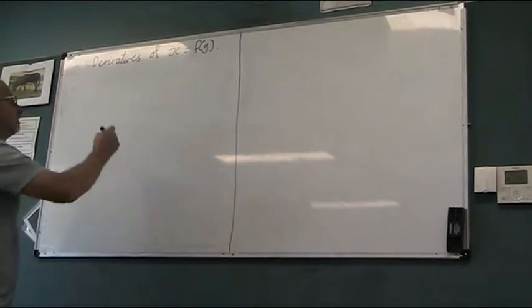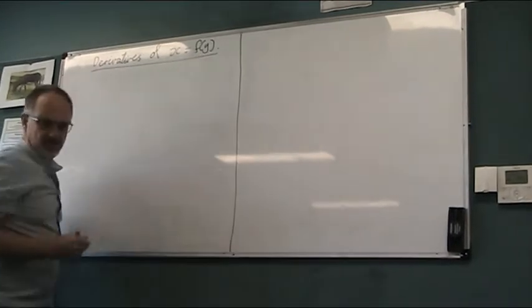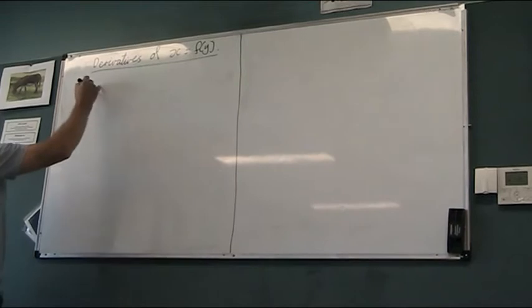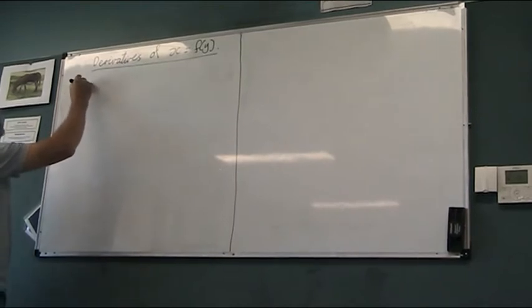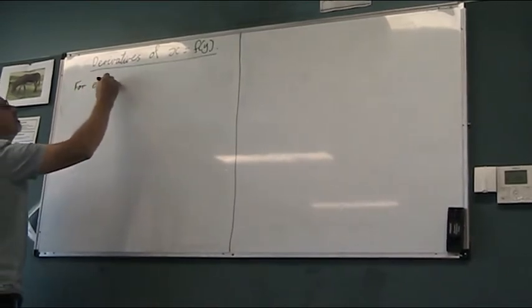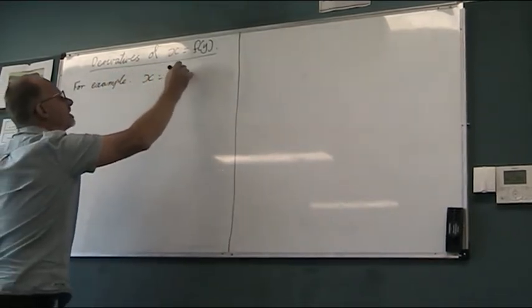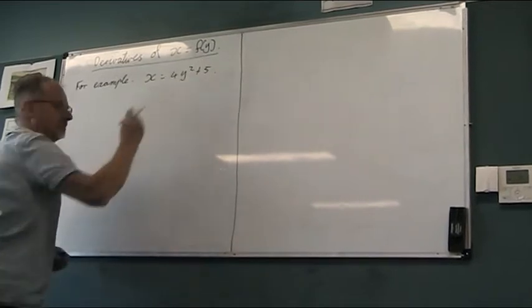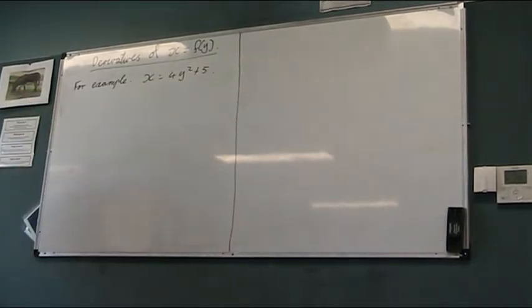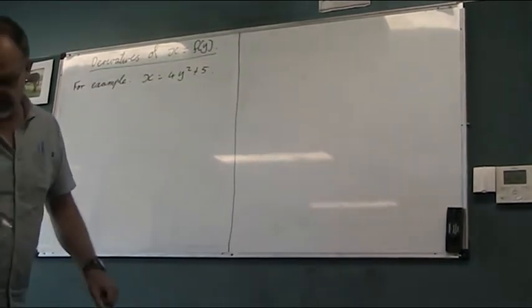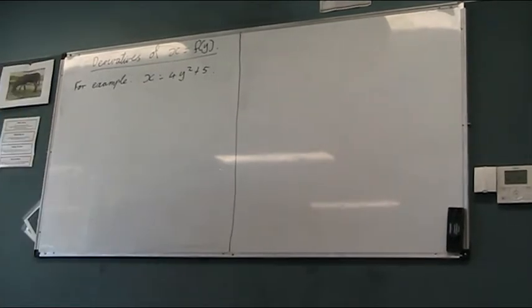So an example might be something like x equals, say, 4y squared plus 5. And we want to differentiate something like that.